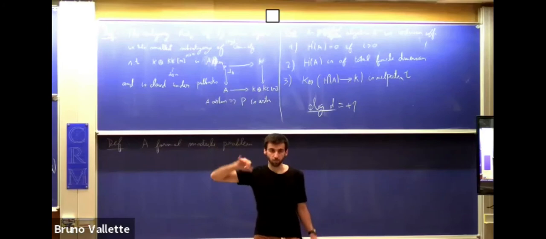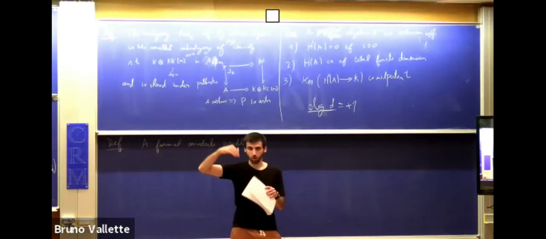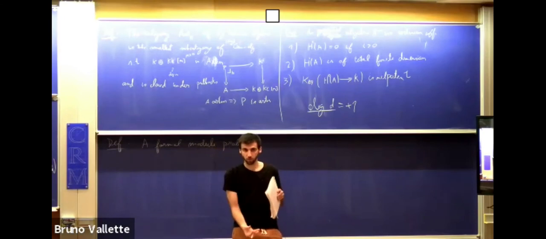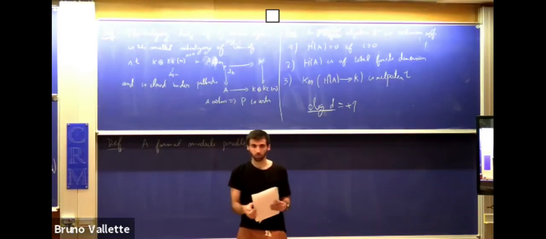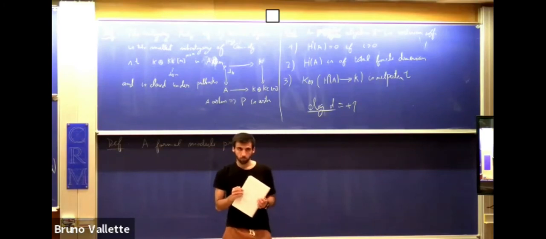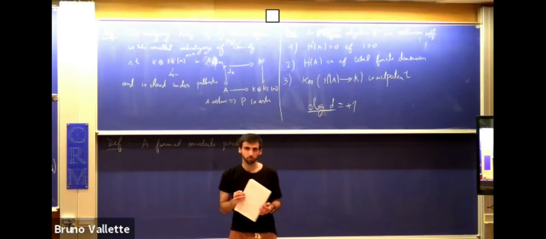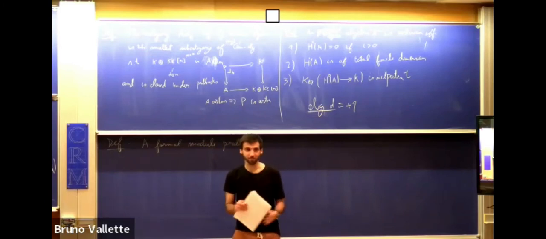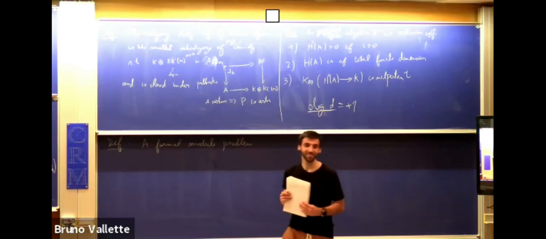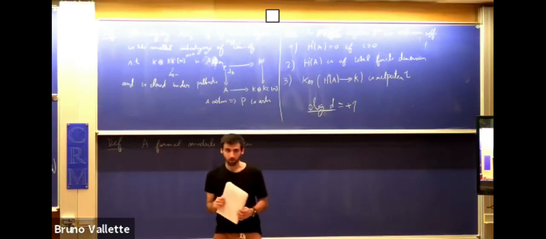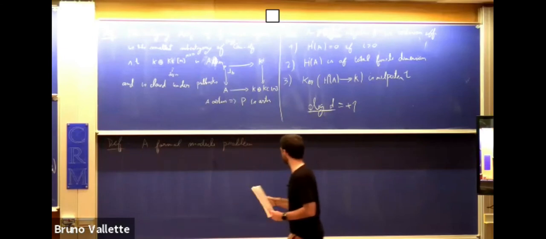So it's morally, heuristically, positive cohomology controls derived deformations, whereas negative cohomology controls homotopies between the deformations. Yeah, I mean, at this level of vagueness, I agree with everything.